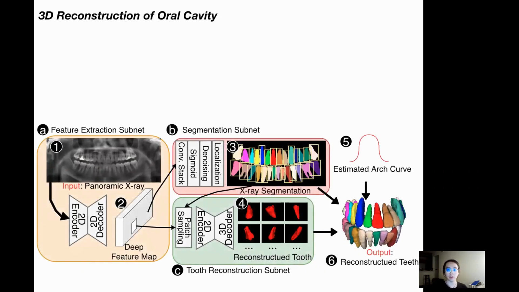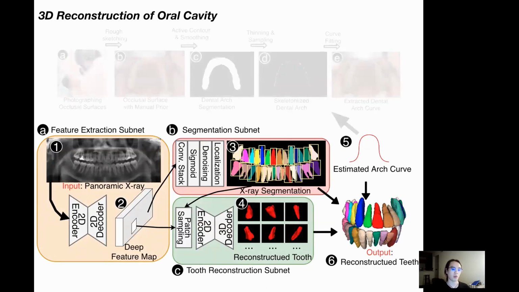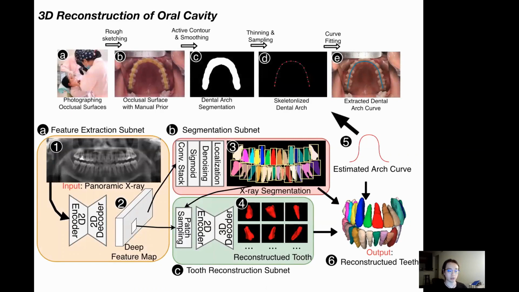We propose the very first deep learning model to deal with the task. I will skip the details, but the main idea is to solve the challenge of reconstructing a whole oral cavity model by splitting it into two subtasks. The first is teeth localization, and the second is single tooth reconstruction from a local patch. Moreover, the dental arc curve information is totally lost in the X-ray screening process.